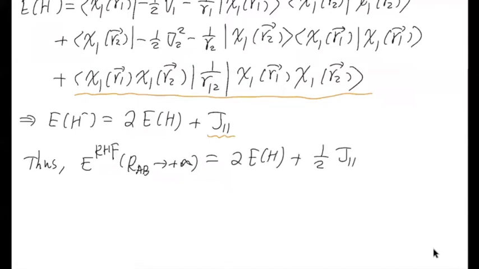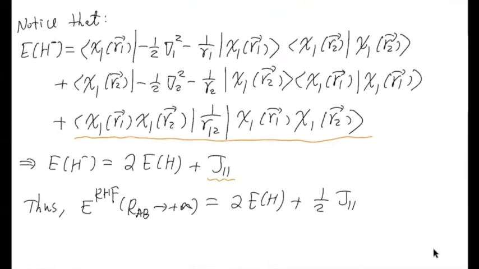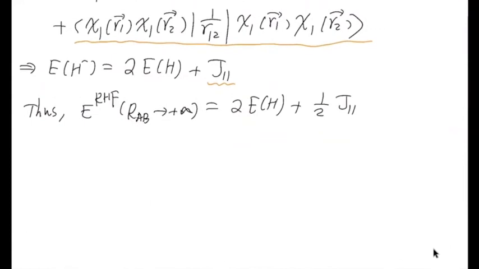This is exactly the same as we derived from the previous section, right? If you follow the analytical expression for the restricted Hartree-Fock energy, you will get the same answer when you let RAB go to infinity. But here, based on the spatial function, based on the physical picture, we know that this spurious term, this very strange term, comes from the ionic contribution.